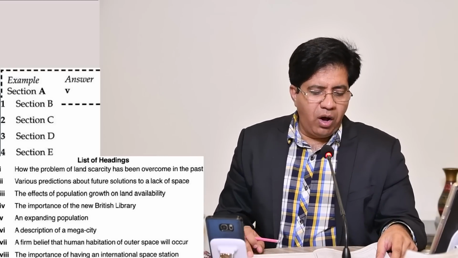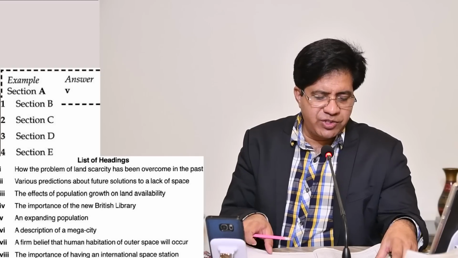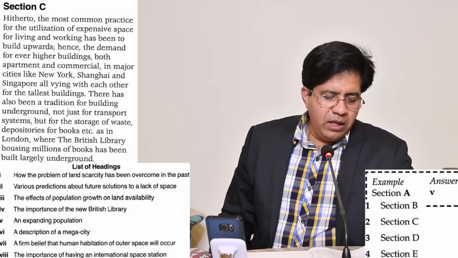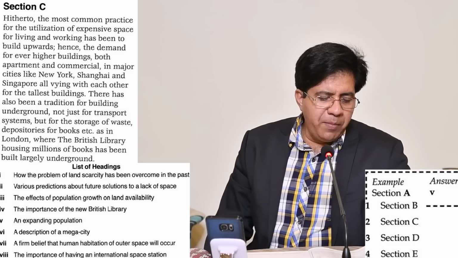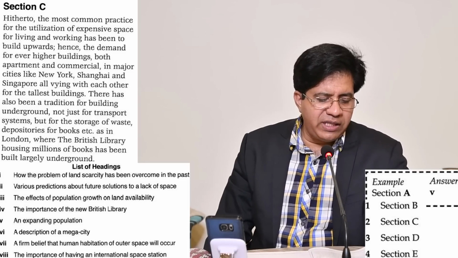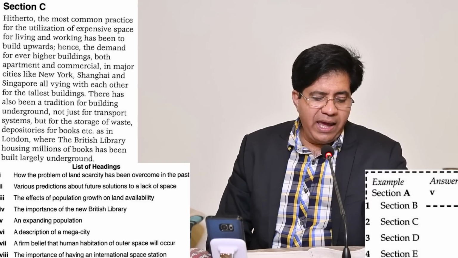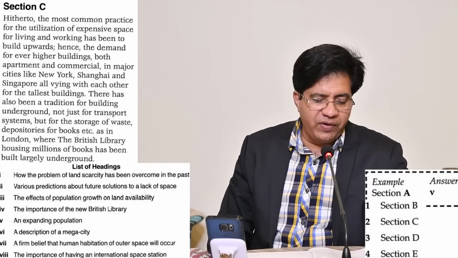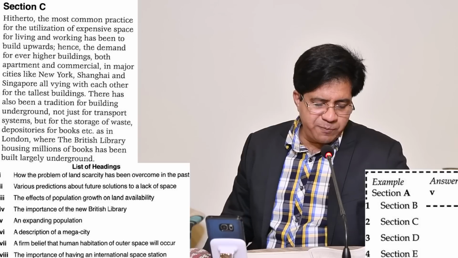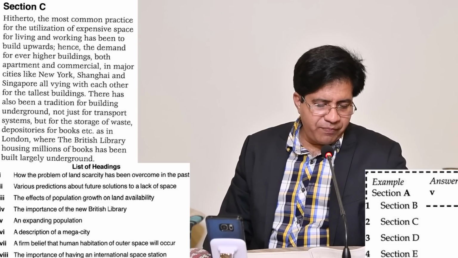Okay, let's go on. Now please come to section C. Hitherto, the most common practice for the utilization of expensive space for living and working has been to build upwards. Now they said has been to build upwards, right?